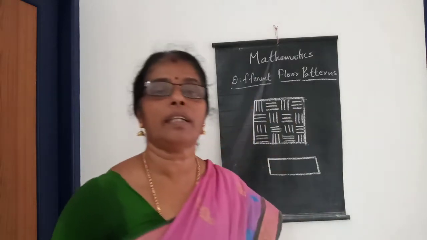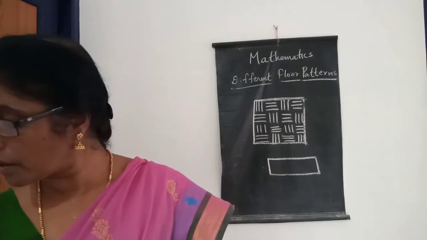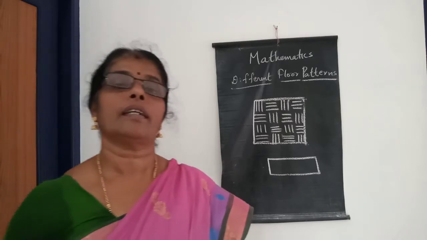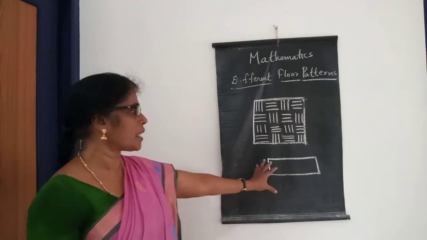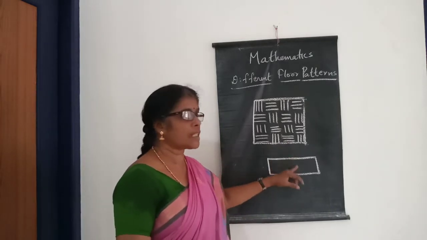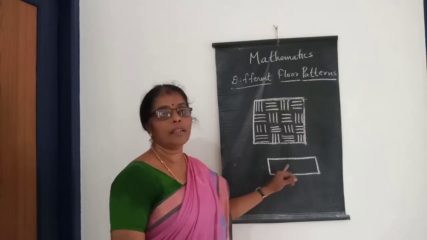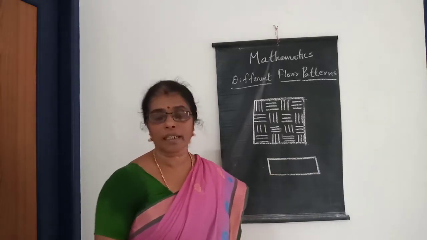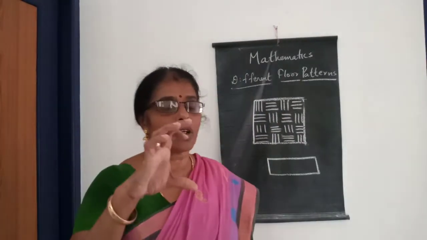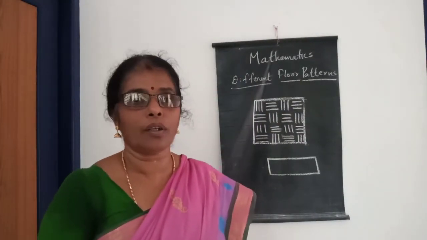So this one is in rectangular shape. The rectangular shape means if opposite sides are equal, then we can call that shape a rectangle. And the smallest side of the brick also is in rectangular shape.